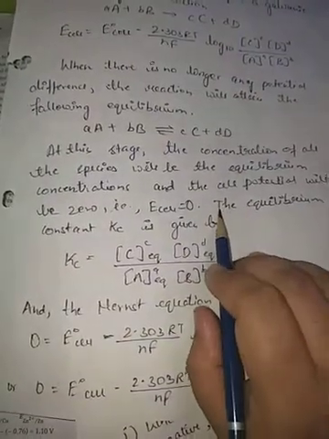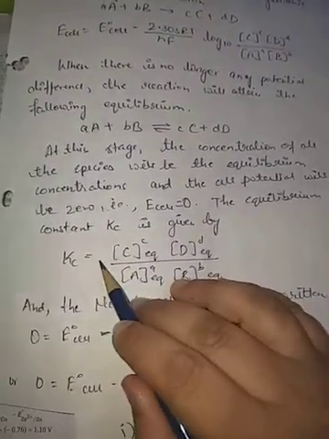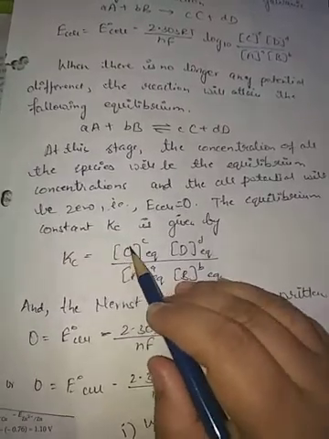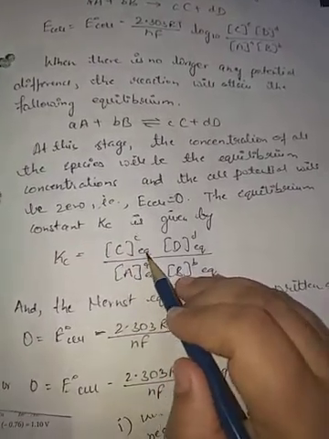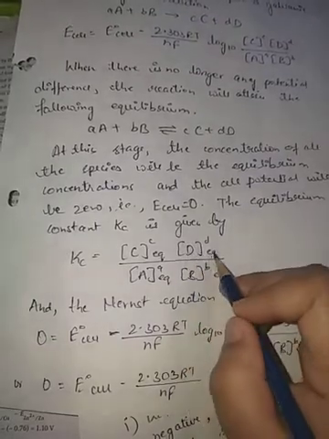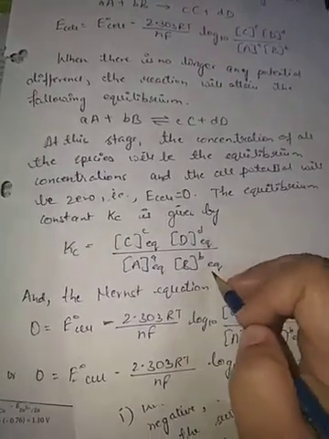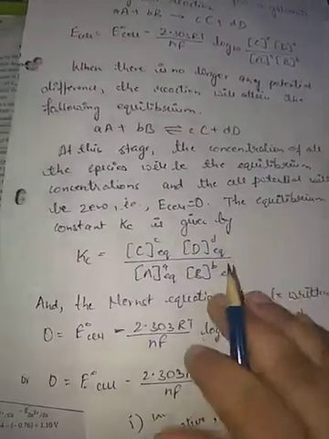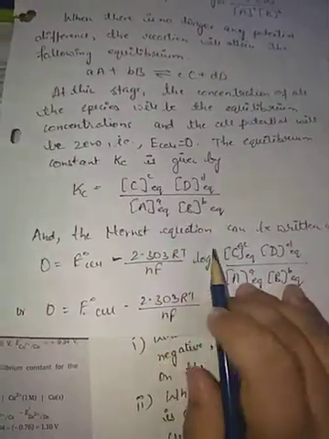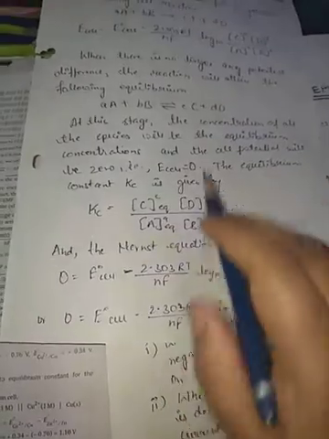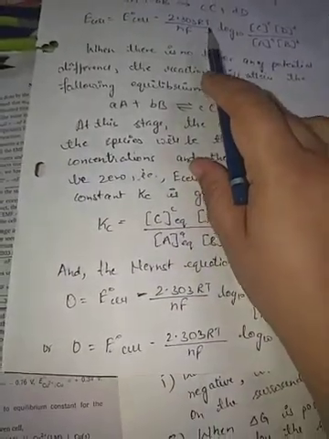So the equilibrium constant Kc will be equal to the molar concentrations of C and D at equilibrium upon A and B at equilibrium. The Nernst equation can now be written as follows.